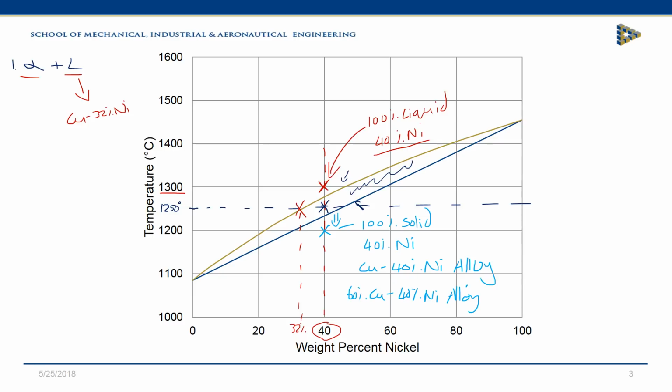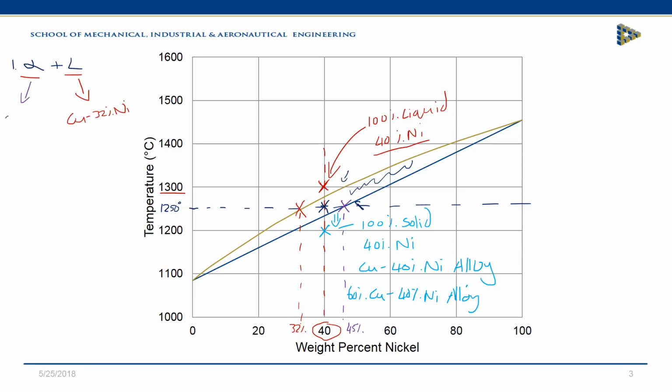Similarly, I can now see where this tie line crosses my solidus curve. And I say, okay, cool, it crosses it there. I do the same thing, I extrapolate down. And I would say, okay, it's sitting at about 45% nickel. And that would be the composition of the solid at that temperature.